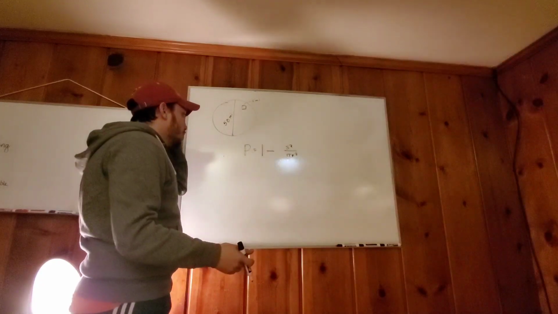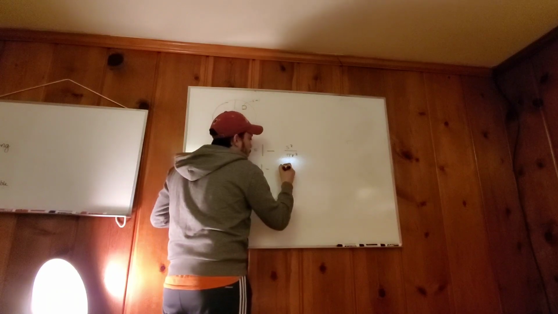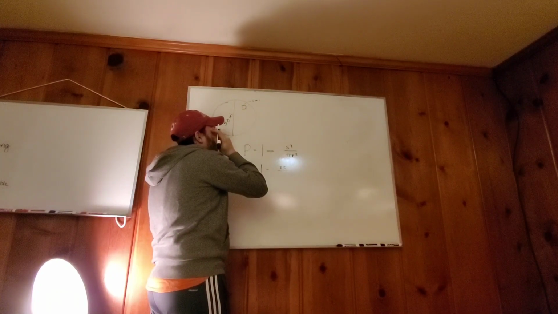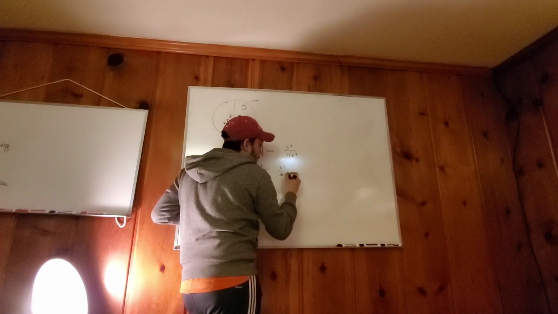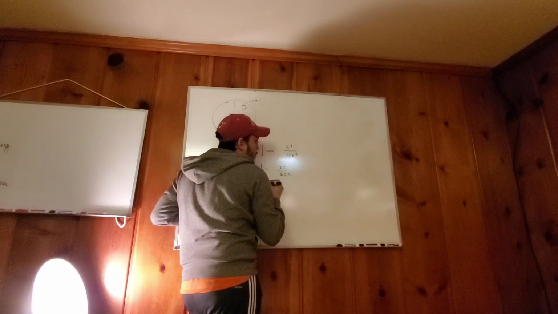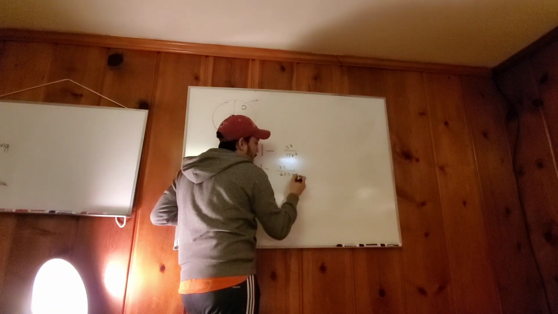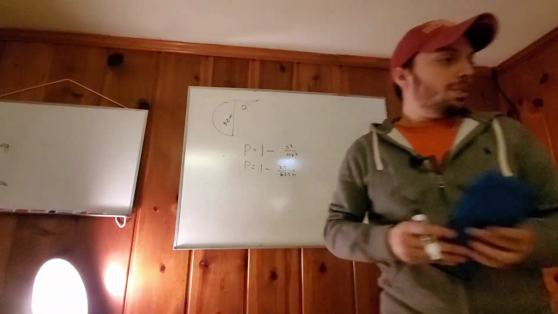Math makes sense. So the side squared would be 25 squared, which is 625. Pi. This makes it a little bit weird, and this is where our handy dandy calculator comes into play.